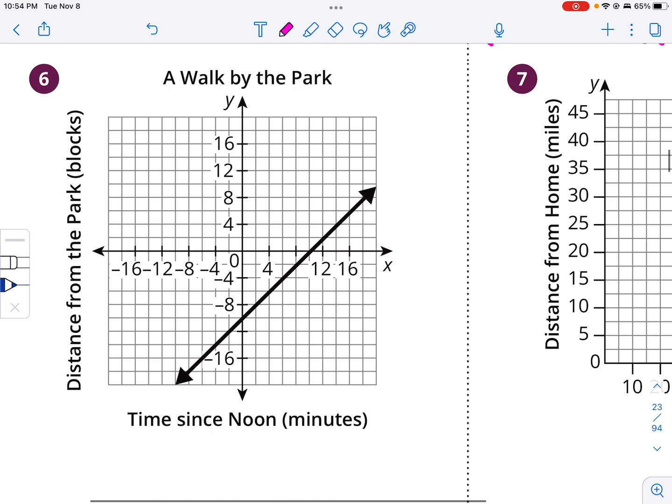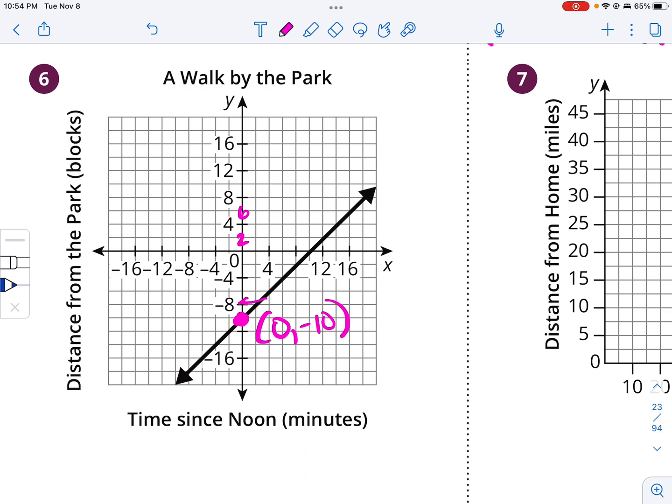Then this one, right here. Well, what's this going up by? This is 2, 4, 6. So it's going up by 2s. So this is -8. So down one more would be -10.